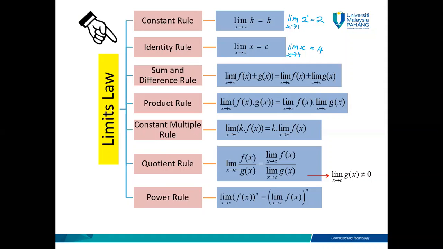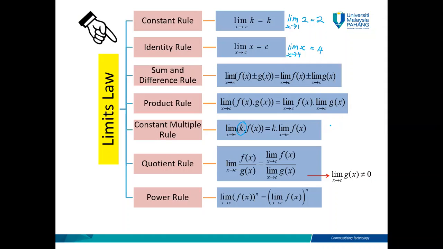This one you can actually separate. It means the limit of f(x) when x approaches c, plus or minus the limit of g(x) when x approaches c. For the product rule, we talk about multiplication. The limit of f(x) times g(x) when x approaches c is equal to the limit of f(x) when x approaches c times the limit of g(x) when x approaches c. For the constant multiple rule, the limit of k times f(x) when x approaches c. What is the constant? It is k. You can bring the constant to the front, so it becomes k times the limit of f(x) when x approaches c.